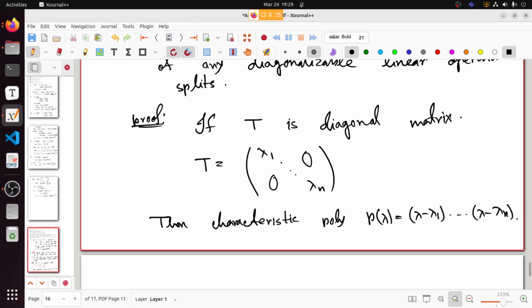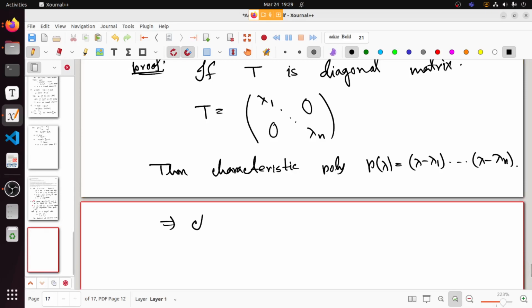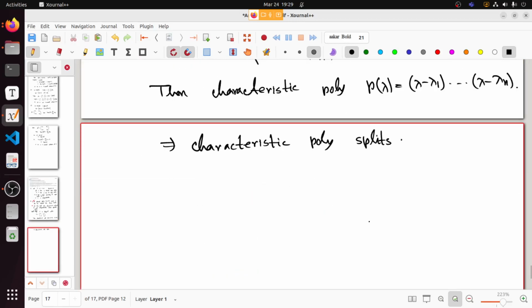So from here you can see that this is the product of linear factors, which implies the characteristic polynomial splits. Okay, so this is case 1 when T is a diagonal matrix. Now what if T is diagonalizable, not a diagonal matrix? So this is case 2.